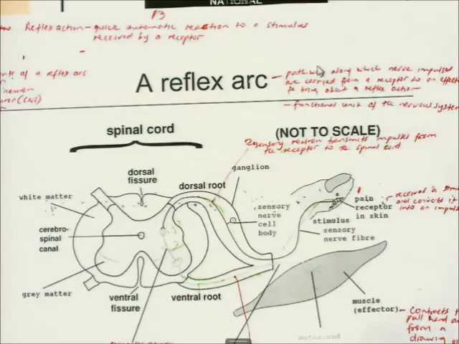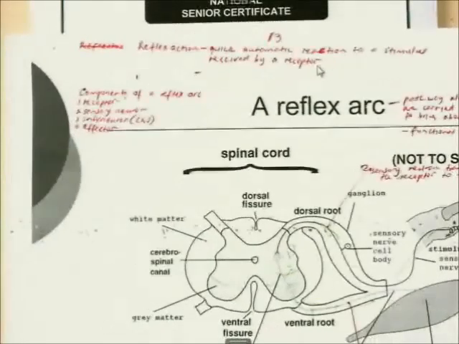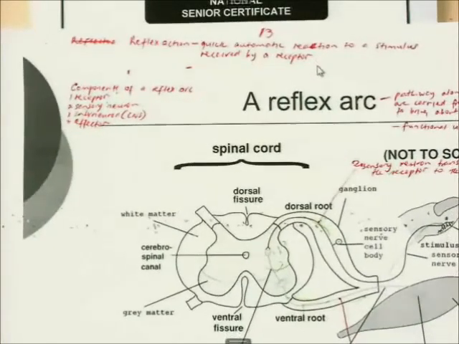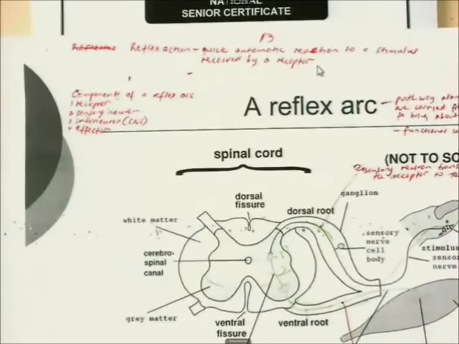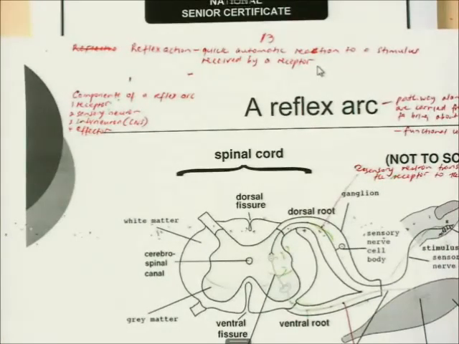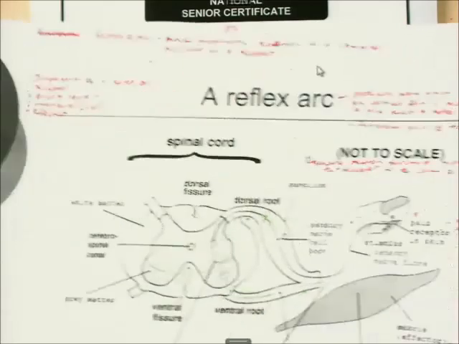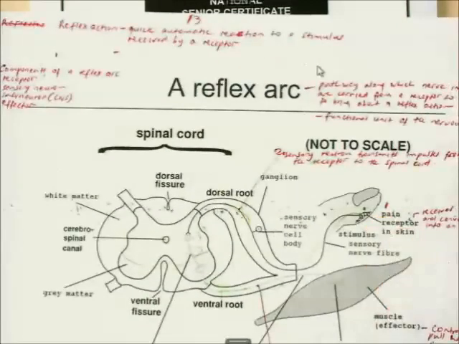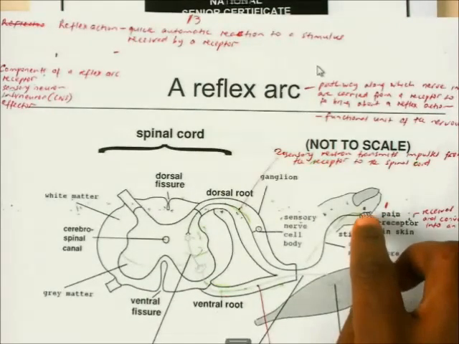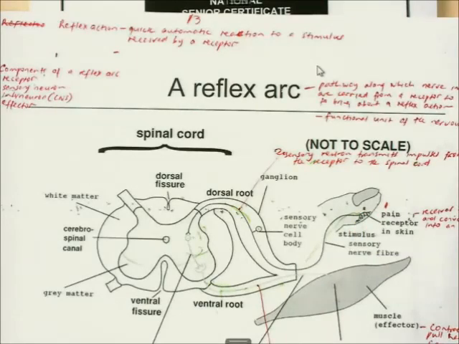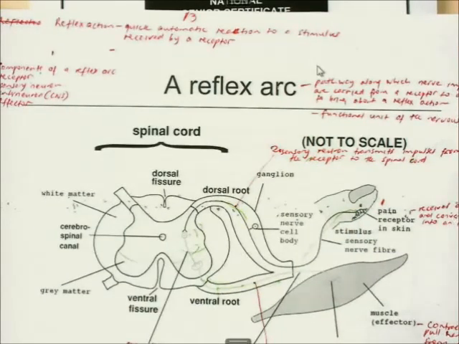So we talked about the components of a what? Of a reflex arc, whereby we said the components of a reflex arc are, number one, a receptor. So now here we have what? A skin of your finger. It has what? It has the pain receptors.